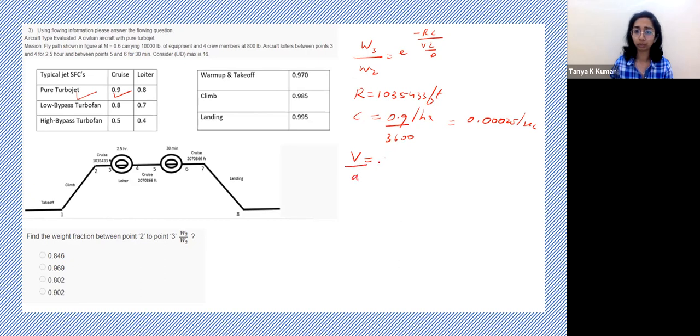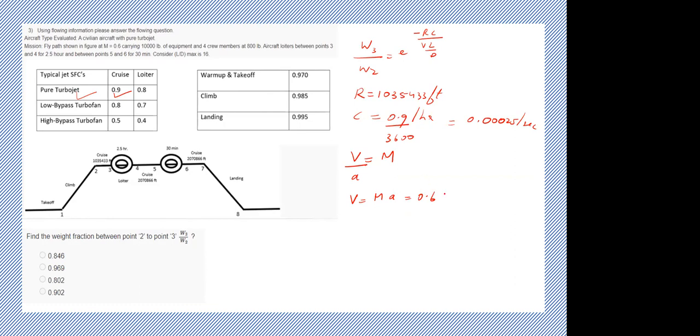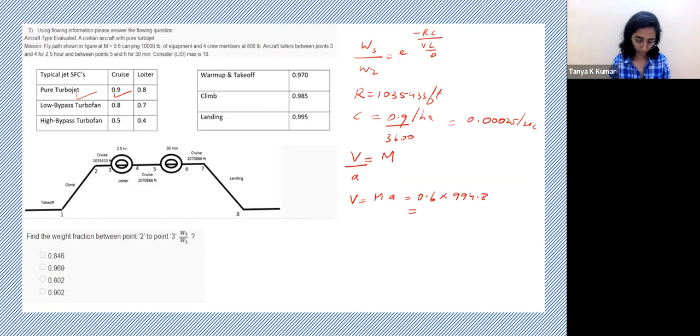V by speed of sound is M, right? So V is M into speed of sound. M is 0.6, and the speed of sound in feet per second is 994.8 feet per second. That comes to 596.88 feet per second.